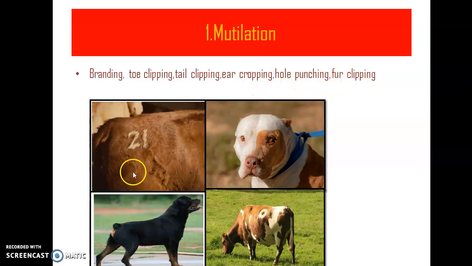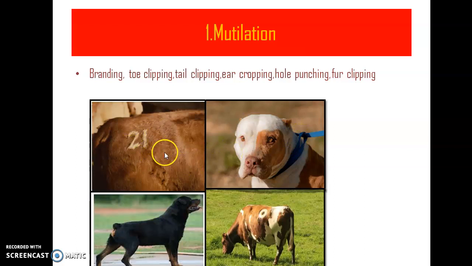Some of them I have just exhibited for you. This is called hole punching, this is called ear cropping and this is called tail cropping, and fur clipping is nothing but clipping the fur.